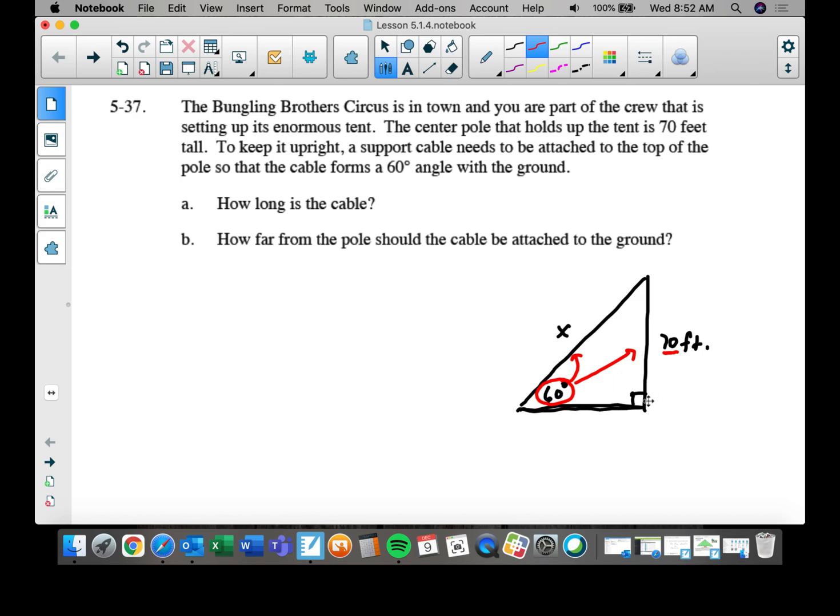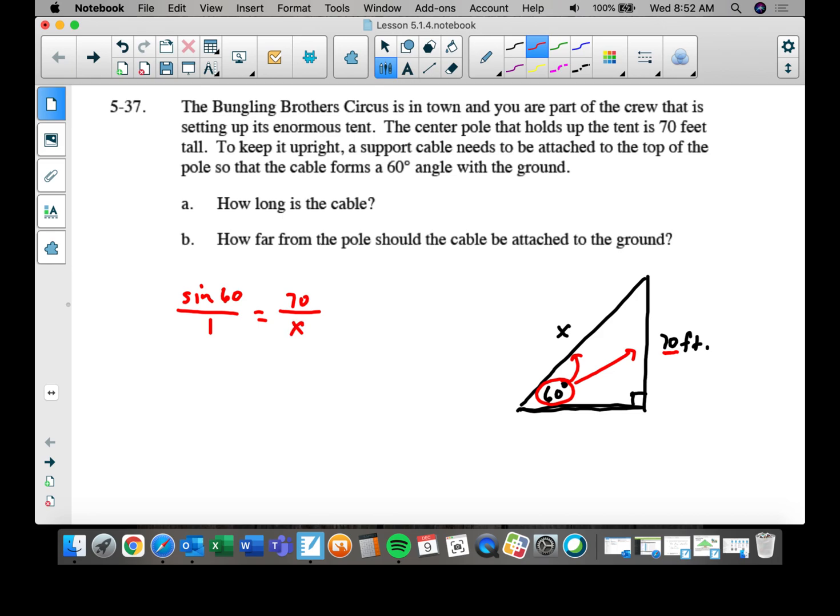If I'm working with the opposite leg and the hypotenuse, if you remember back to SOHCAHTOA, that's the SO part of SOHCAHTOA, which means this is a sine problem. So we're going to set up the sine of my theta, 60 degrees, over 1, equal to the ratio of opposite to hypotenuse. In this case, 70 over x.